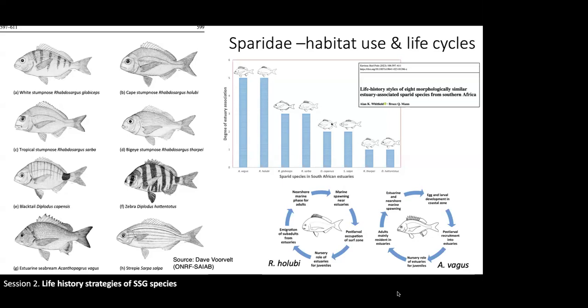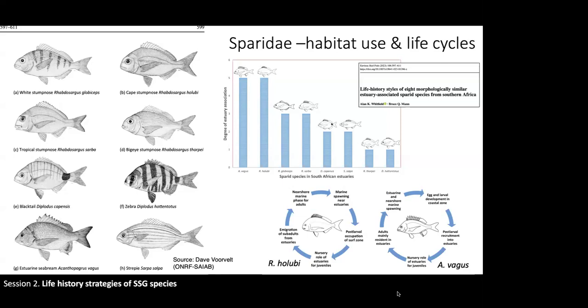Secondly, even within the highly estuarine associated group, and you can look at the graphics on the bottom right, that's Acanthopagrus vagus and Rhabdosargus holubi. There are differences in how these 2 estuarine species use estuarine habitat for recruitment and spawning.